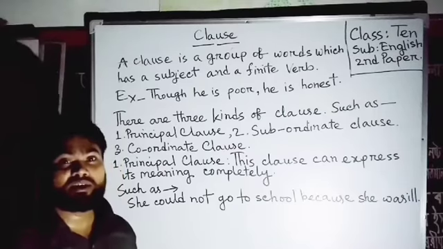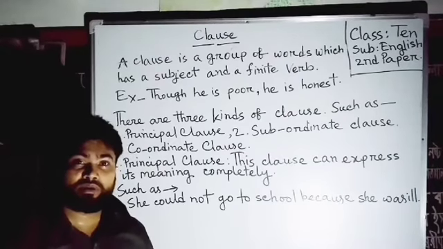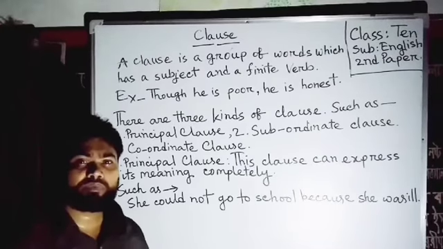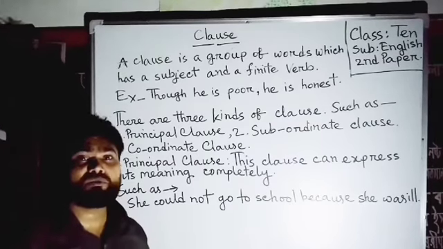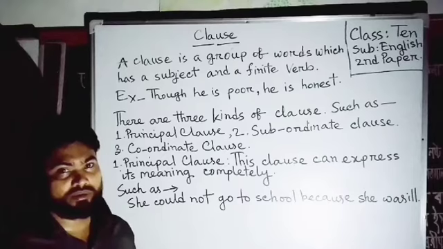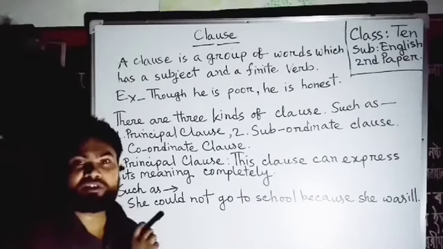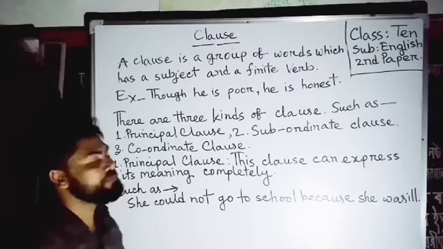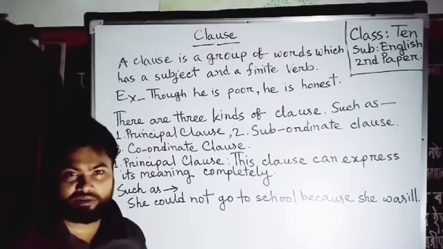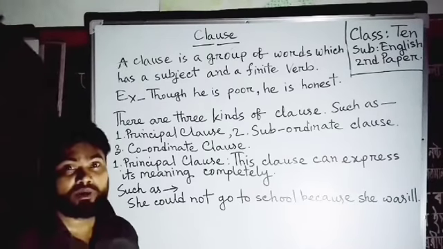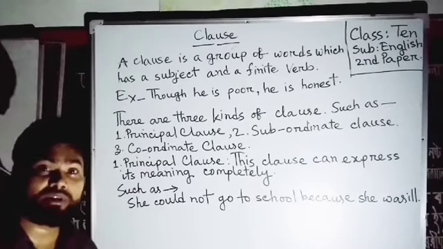Here you can see a sentence where if you examine whether it has one or two parts or not, you must get two parts. Here you can see one part, though he is poor, and the other part is he is honest.